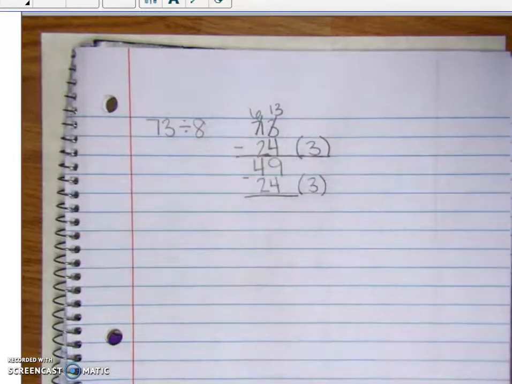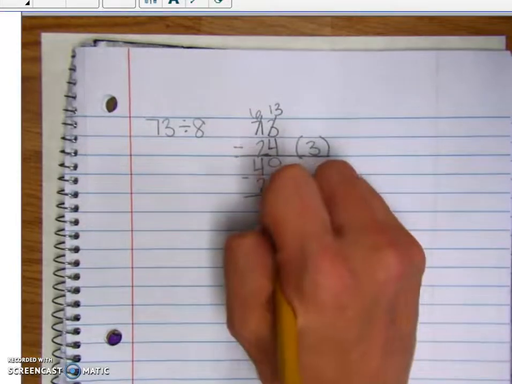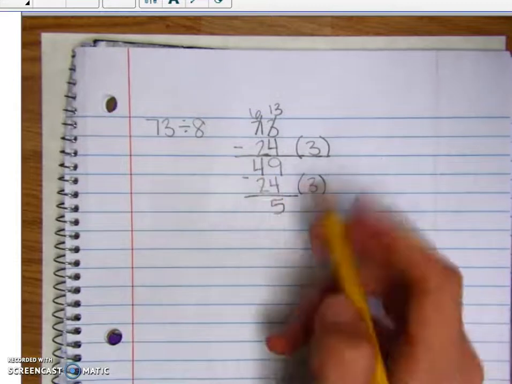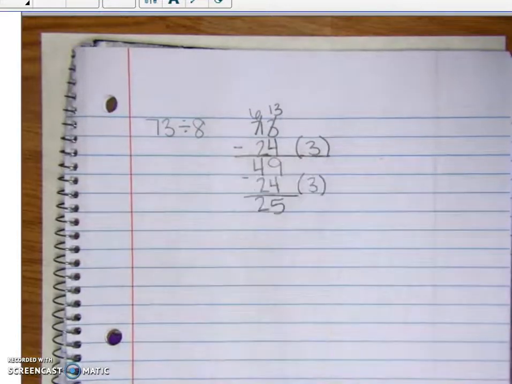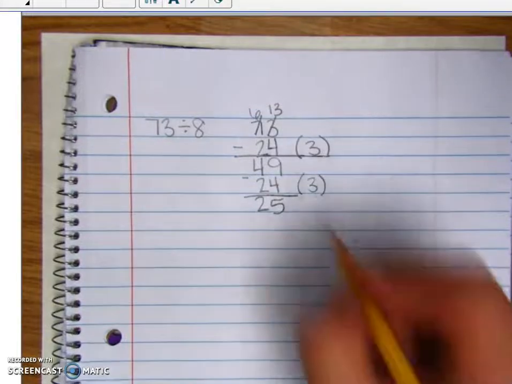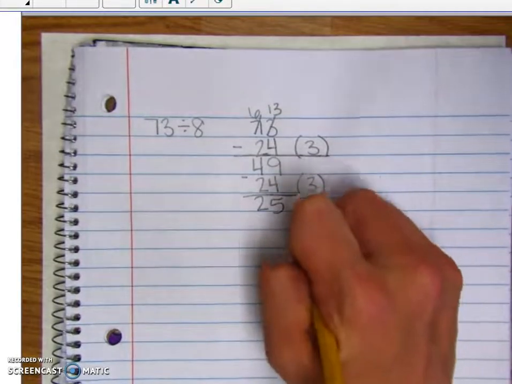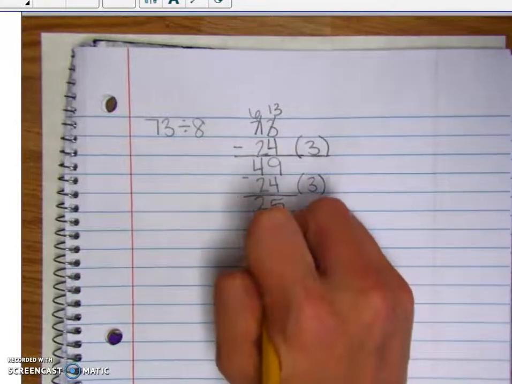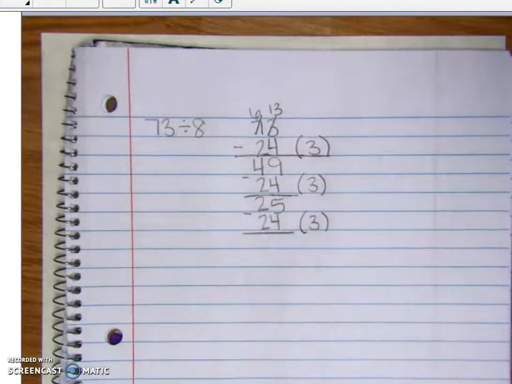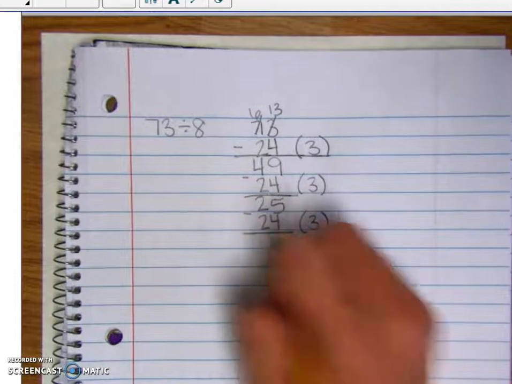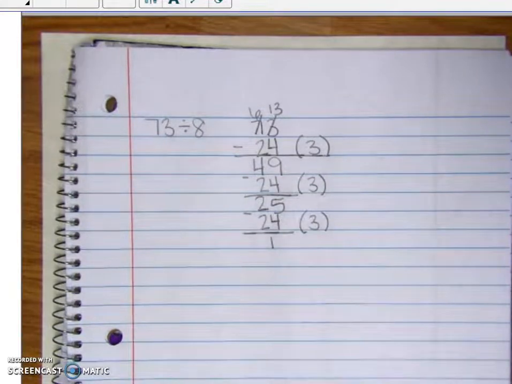So let's do some subtraction. 9 minus 4 is 5. 4 minus 2 is 2. Can I put 3 more coats inside each box? Yeah, 3 coats in each box is 24 coats total. Do some subtraction, and you have 1 coat left over.